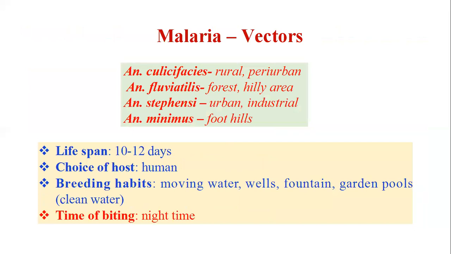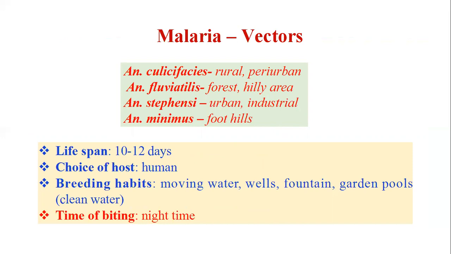So as I said, malaria is a vector-borne disease. Here the vector is the Anopheles mosquito. There are different types of Anopheles mosquito, and this classification has been made on the basis of the region they stay in.